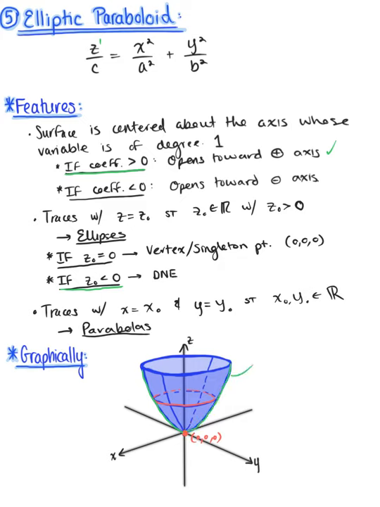So we'll keep in mind, of course, that the yz trace is when x is equal to 0. And last but not least, we have the xz trace. So again, we have that parabola for our xz trace. Then the xz trace is when y is equal to 0.